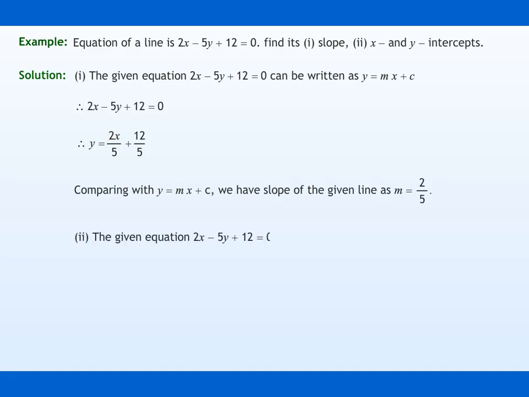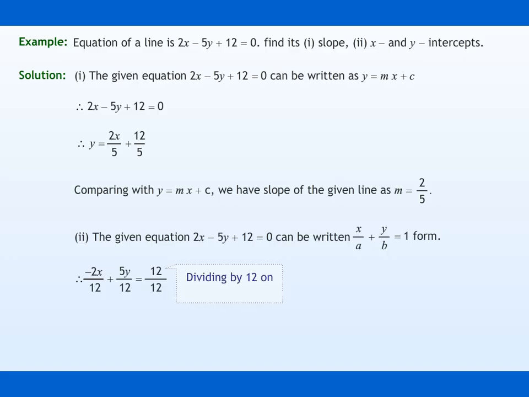The given equation 2x minus 5y plus 12 is equal to 0 can be written as x upon a plus y upon b is equal to 1 form. Therefore, minus 2x plus 5y is equal to 12. Therefore, minus 2x upon 12 plus 5y upon 12 is equal to 12 upon 12, dividing by 12 on both the sides.